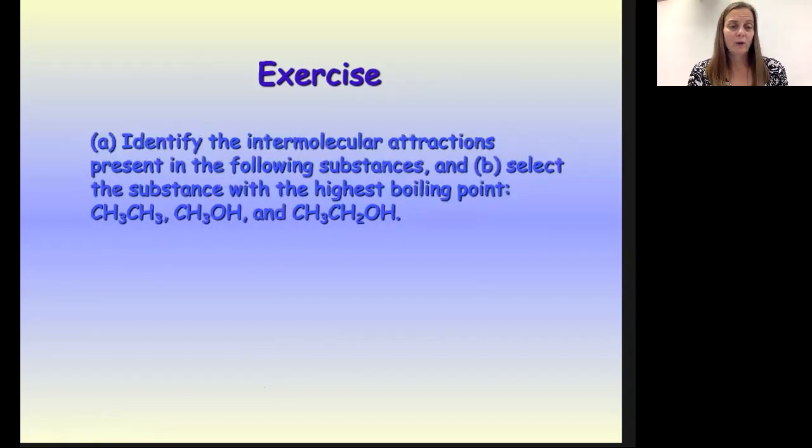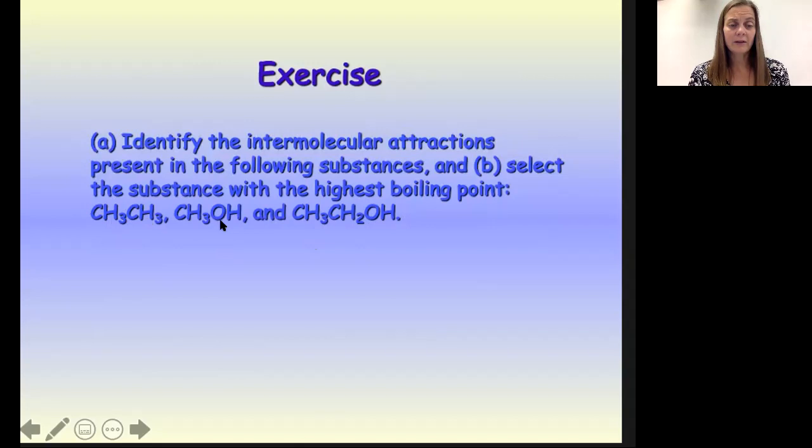And the last one, we are looking at intermolecular attractions present in these three substances, and we want to know which one will have the highest boiling point. So we have ethane, we have methanol, and we have ethanol. Okay, so ethane here, CH3CH3, is a completely nonpolar substance, so it's only going to have London dispersion forces.